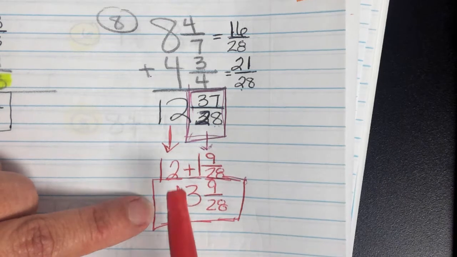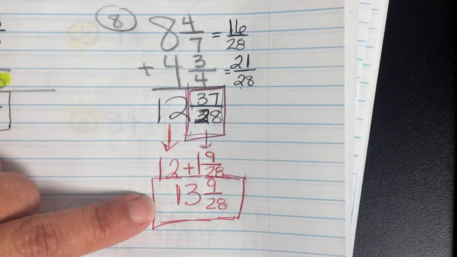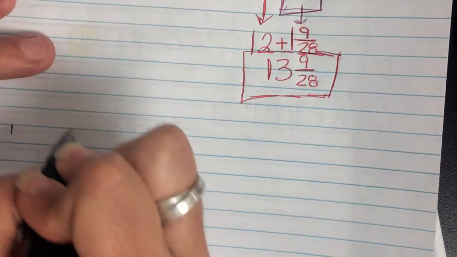Now, the one style of problem that is messing people up, I'm hoping you're listening, I'm hoping you're looking, is one like this. You don't have to write it down, just watch.